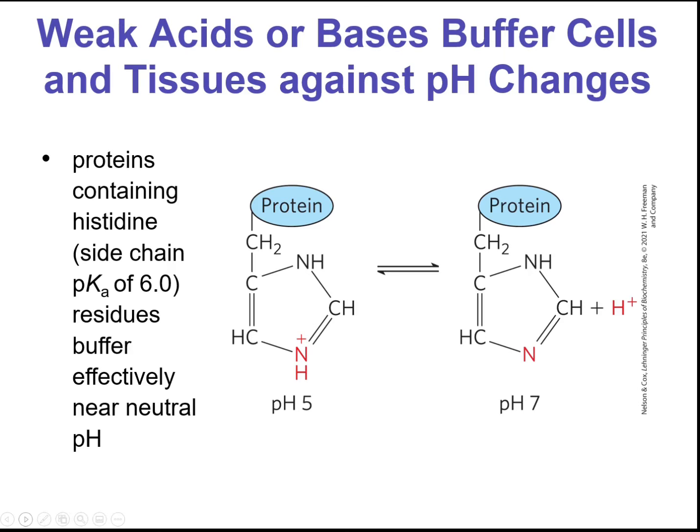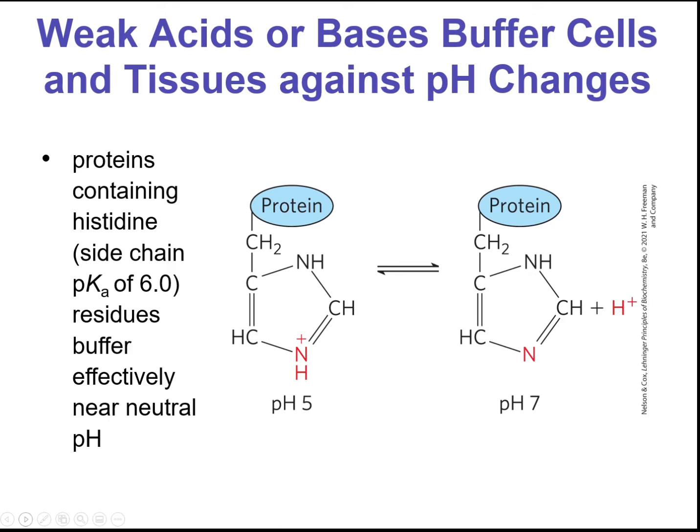Now, inside of your cells, you've got all these different macromolecules, and they are made of amino acids, they're made of nucleotides, and all these things that have the ability to buffer against pH changes. One example is histidine. Histidine is an amino acid, and it has the potential to be protonated or deprotonated.